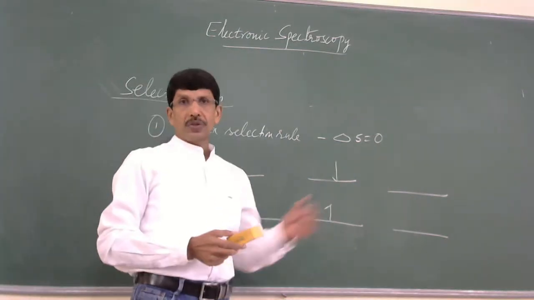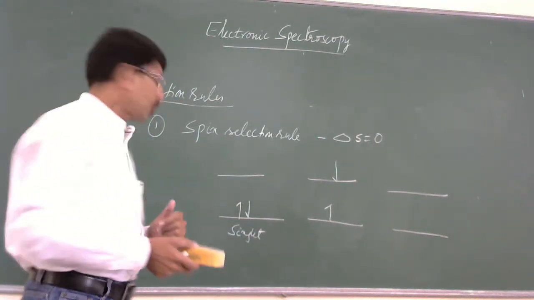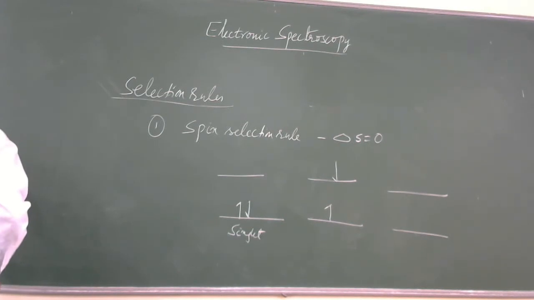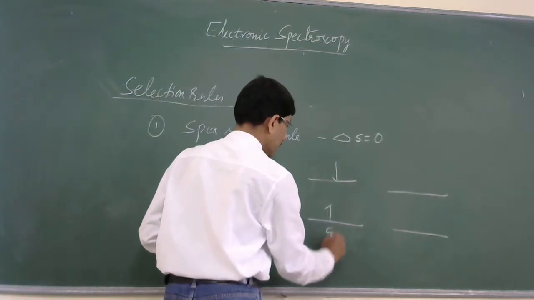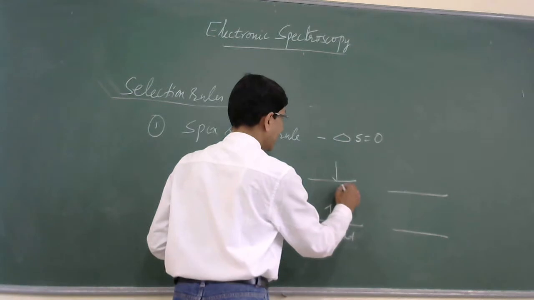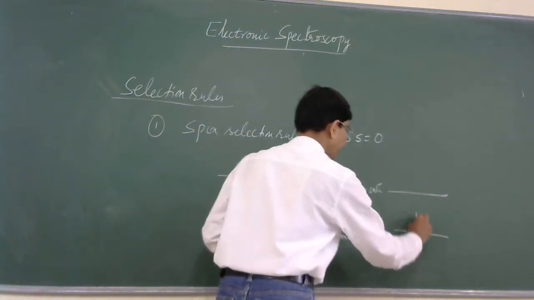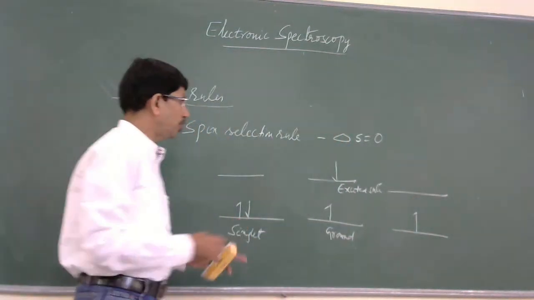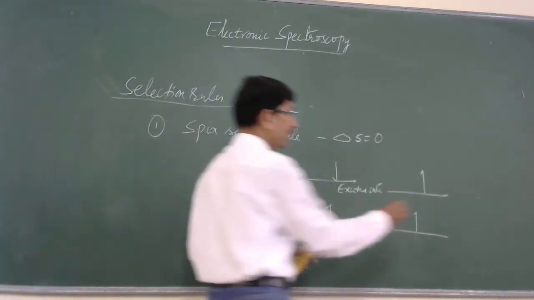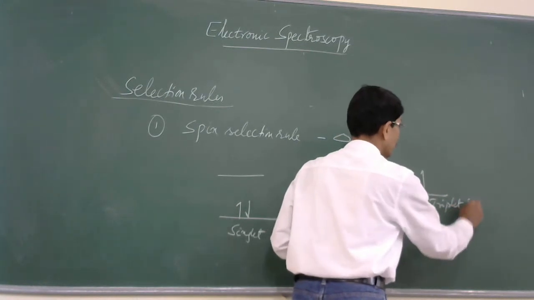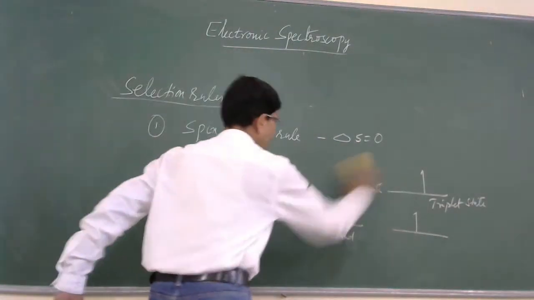So this is a singlet ground state, and this is a singlet excited state. If the electron takes a transition with inversion in spin, then the excited state becomes a triplet state. This type of transition is not allowed. So this is one rule.